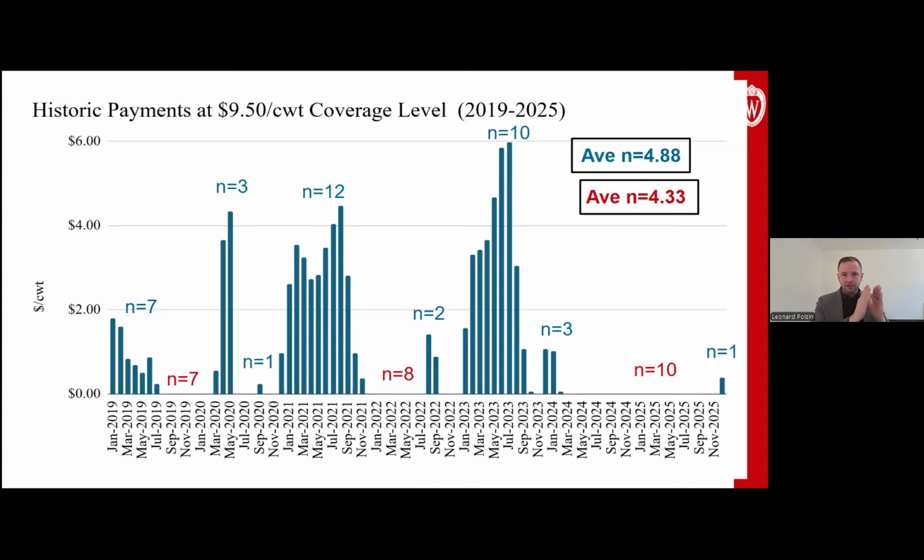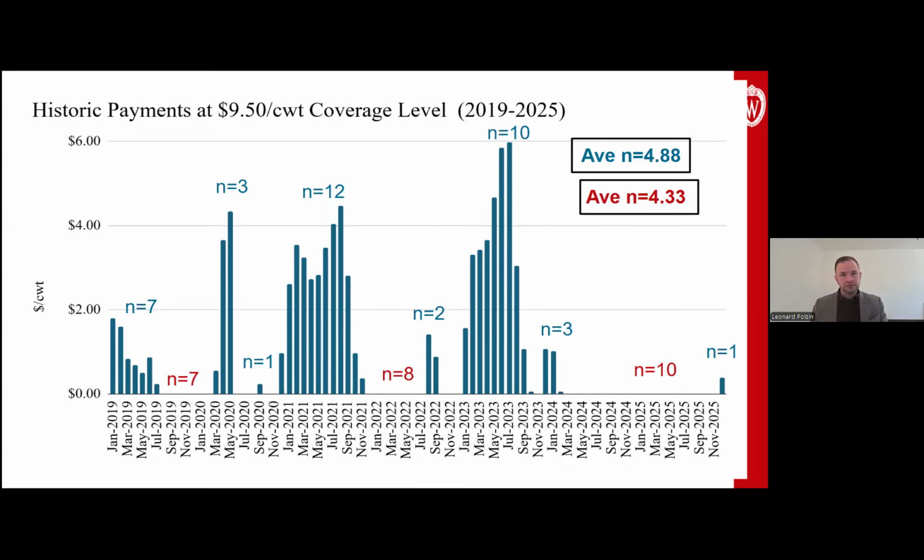It seemed like we have these windows where payments are triggered, and then conversely, where they're not triggered seems to be about, let's call it 4.25, 4.3 months where we have no payments. I think that's very interesting, this clustering effect, if you will, of when payments are triggering and when they're not. I think some of that is supply responses. Some of it is other market dynamics that are happening.